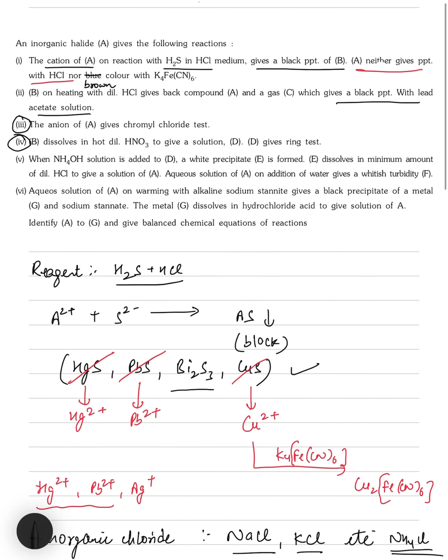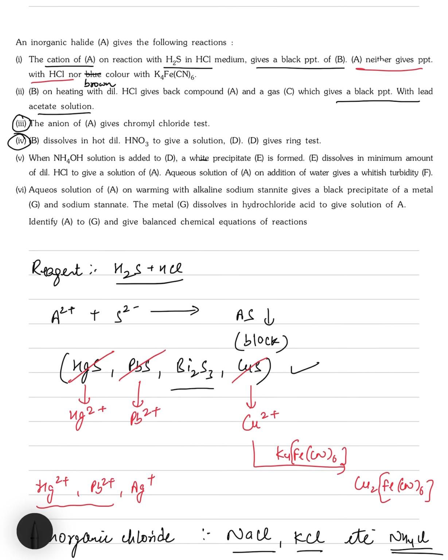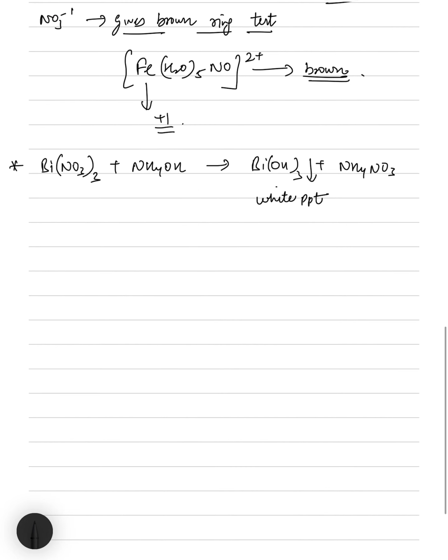Next, this white precipitate obtained, that is bismuth hydroxide, when dissolved in a minimum amount of HCl, we again get A, and the aqueous solution of A on addition of water gives white turbidity. That means this compound is E, and to bismuth hydroxide we add HCl in minimum quantity, so HCl here is a limiting reagent.